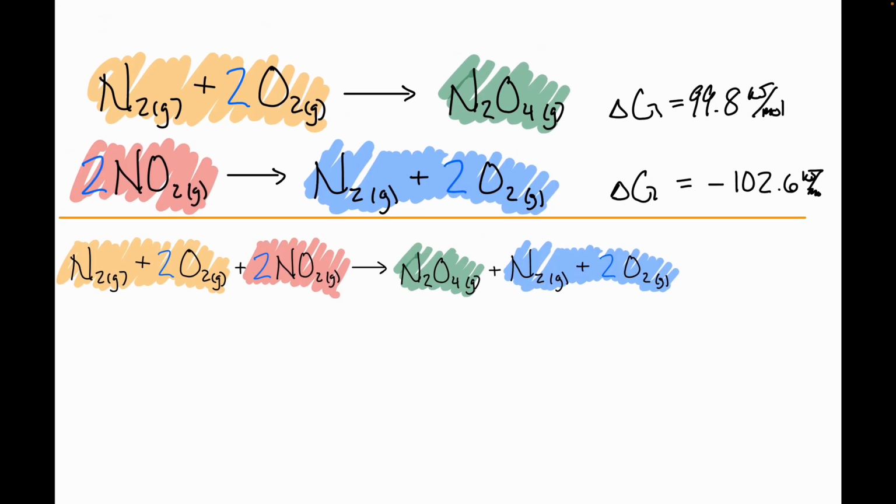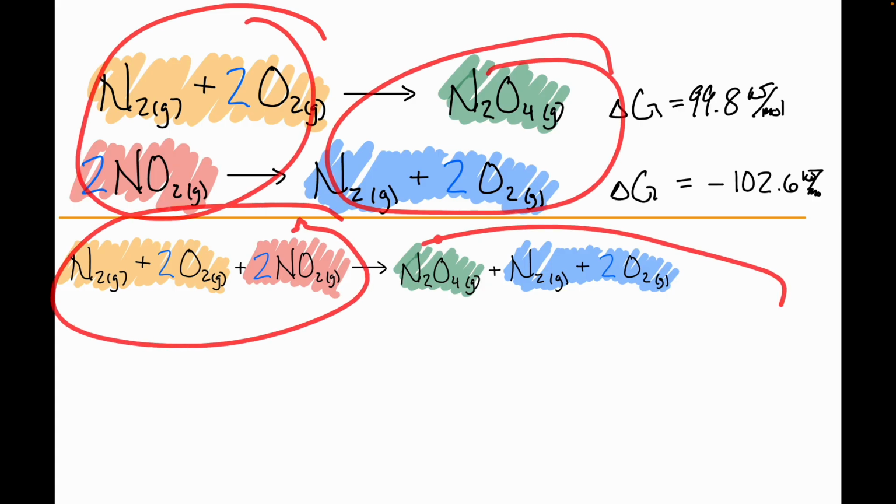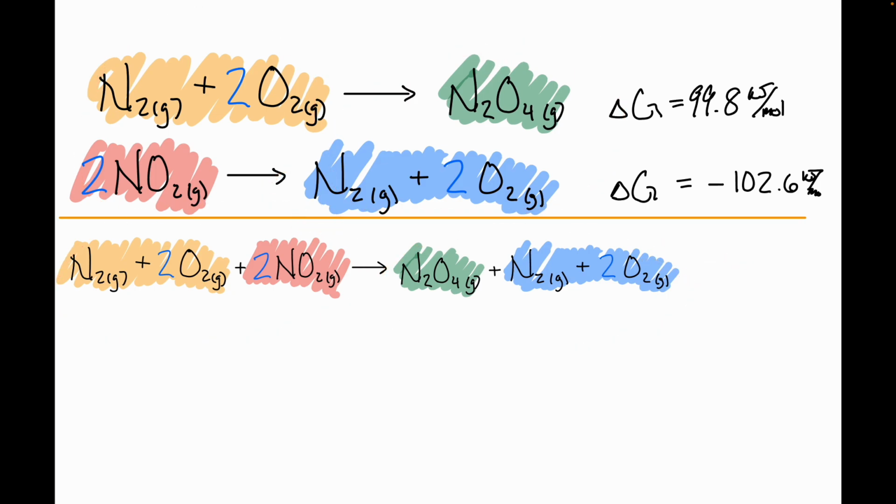First, make sure that we could see how I got my new chemical equation. Again, I combined all my reactants onto the reactant side and all my products onto the product side of a new chemical equation. That's what we mean by sum up reactions.